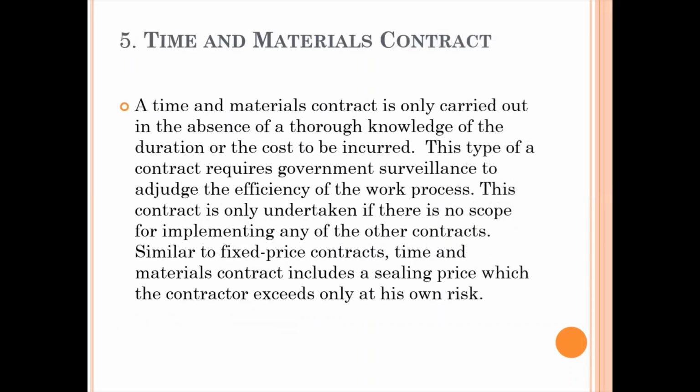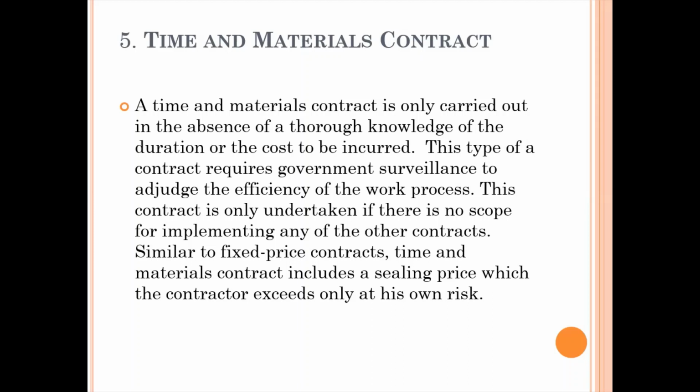The next one is time and materials contract. A time and materials contract is only carried out in the absence of a thorough knowledge of the duration or the cost to be incurred. This type of contract requires government surveillance to adjust the efficiency of the work process.